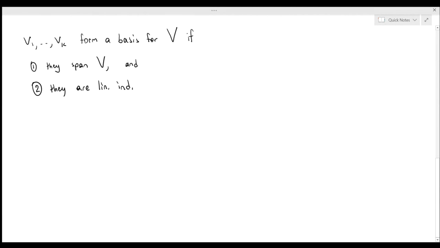Now, let's also talk about dimension as well. And then after that, I'll do some examples. So first, I'm just going to state a fact.